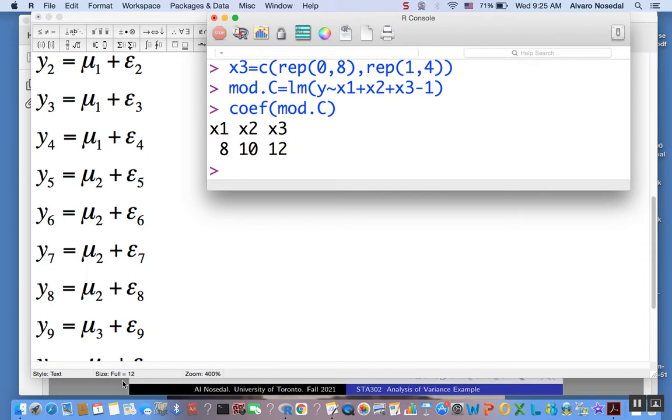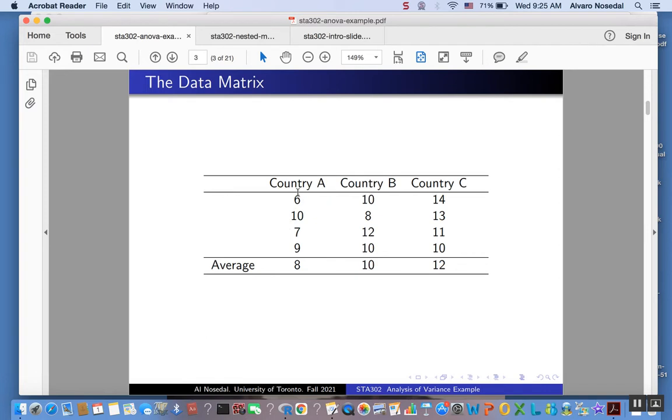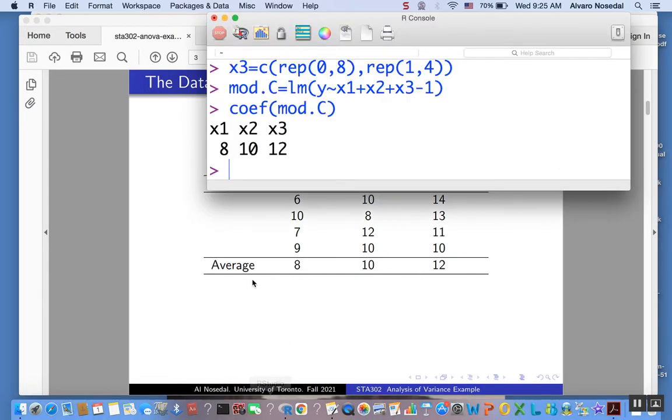Again, it matches with what intuition would tell you: it's just the sample mean if you're only taking into account the sales for country A. In that case, the sample mean only for sales taking place in country A is going to be 8, and so 8, 10, and 12 are the sample means for each country, and those are the least squares estimates. Okay, nice.